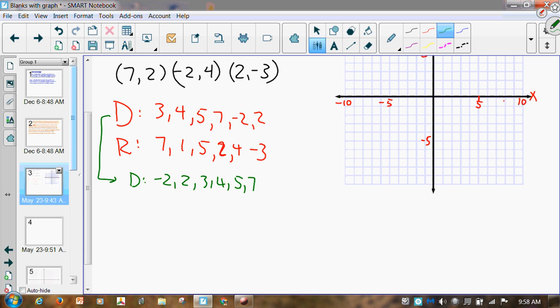Okay, so that's the proper way to do that. And what we quite often do is we put these in a table, which I'll do for you in a second. The proper way to look at the range is to do the same thing. It's going to be -3, and then 1, and then 2, and then 4, and then 5, and then 7.